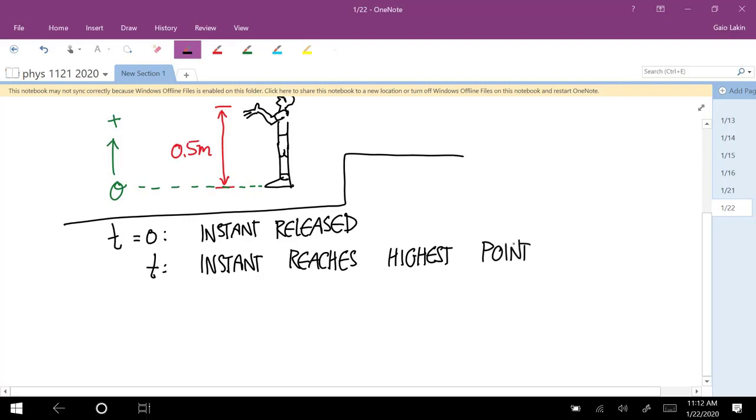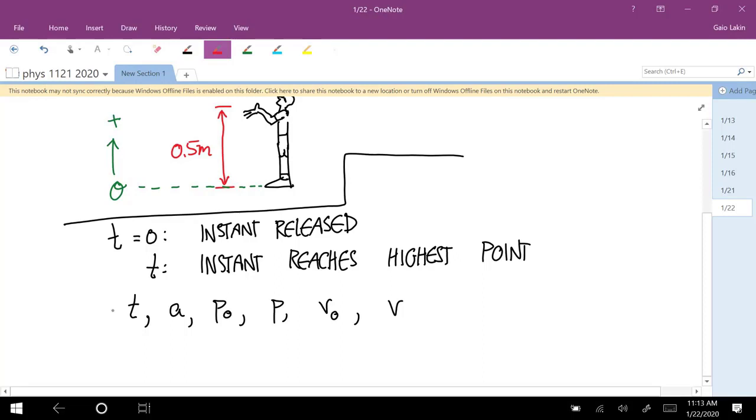And now that we've chosen those 4 things, the 2 instants, the positive direction and the 0 position, now we can start going through those variables and see which ones we have numeric values for. So there's t, a, p0, p, v0, and v.